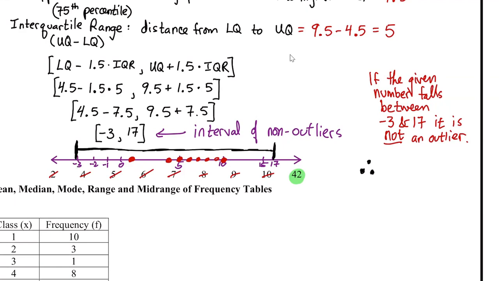You don't have to use that notation if you don't want. I just use it because I don't want to write so or therefore or in conclusion. 3 dots gets the job done. Up to you. Take it or leave it. It's your call. But therefore, 42 is an outlier.